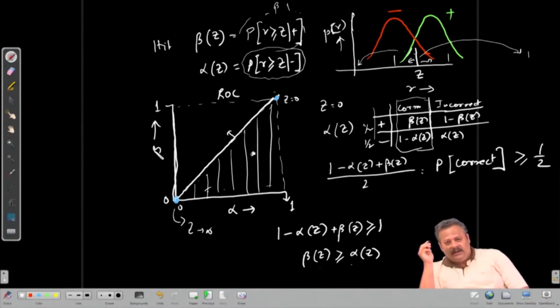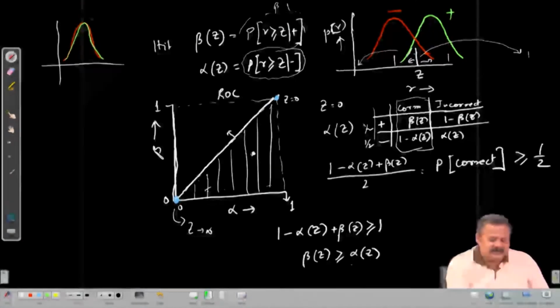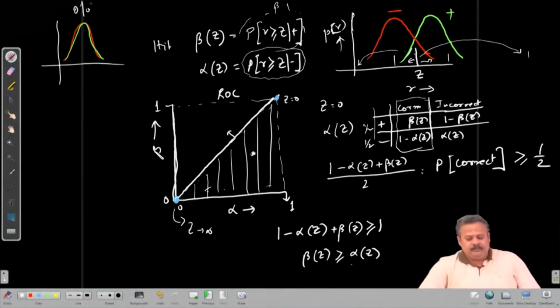So, it does not matter for the rates also, because for the 0% coherence, the distribution for the minus stimulus and the distribution of the plus stimulus are basically overlapping each other. That is the case for 0% coherence.